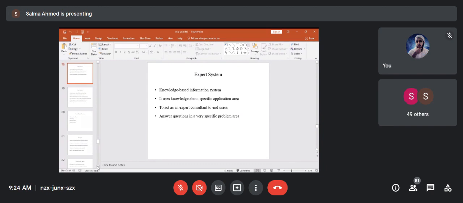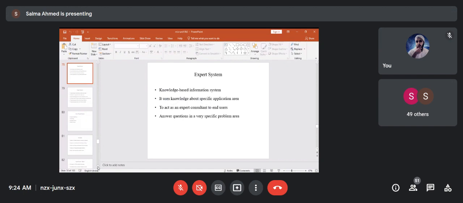It's a software, a knowledge-intensive program which uses knowledge about a specific application area. It could be about the army, it could be about medical science, it could be about the soil, the constituents of the soil. And this expert will answer any query related to this particular specialized field.